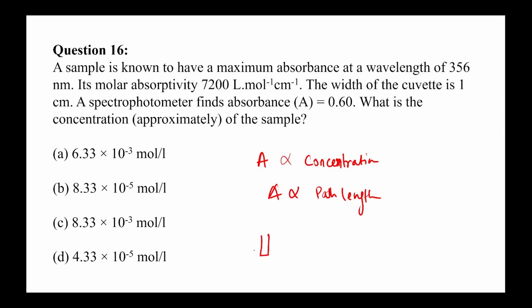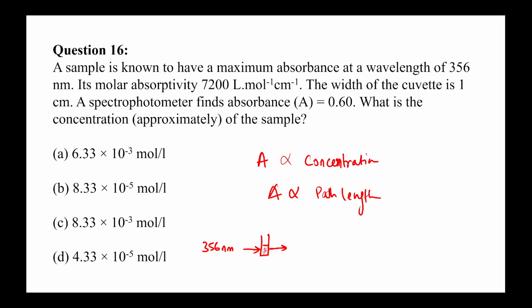The light passes from one side of the cuvette and emits from the other side. Whatever solution is there in this cuvette will have certain absorbance at a particular wavelength. In this case, the wavelength that we are using is 356 nanometer. So when 356 nanometer light is passing through this solution, some of the light will get absorbed by the solution and the rest will be transmitted.